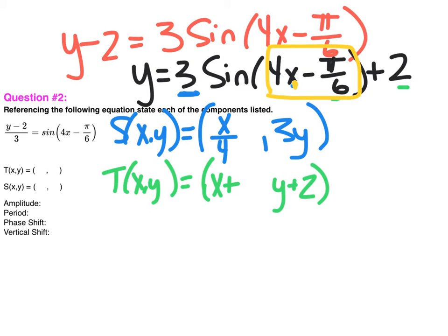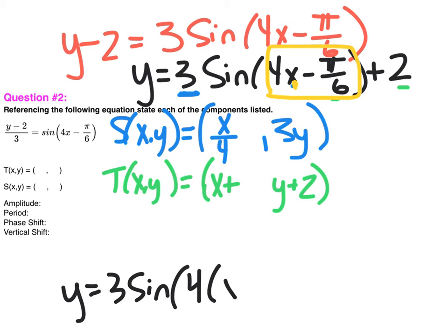So what I'm going to do here is rewrite the equation and put it down here, I'm running out of space a little. So we're still going to have the 3 there, and it's going to be the sine. I'm going to factor that 4 out, so you notice it's out of the x. To factor it out of the pi over 6, that becomes pi over 24, if you just multiply it by that, and then plus 2.